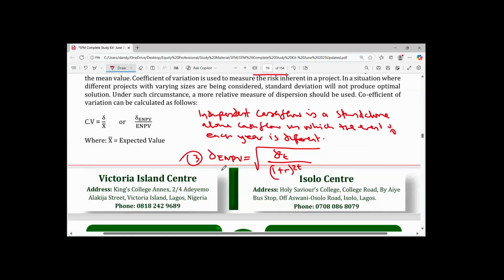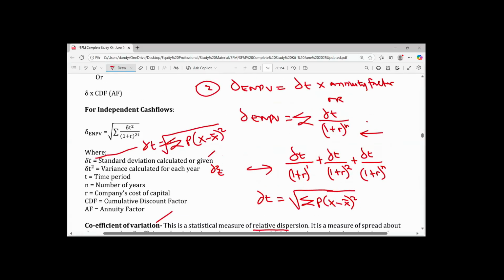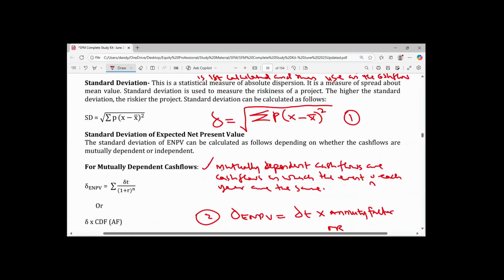The formula to use for coefficient of variation will depend on the standard deviation and the expected value that you have computed. If in the question you are asked to calculate ordinary standard deviation, the first formula, and you have calculated standard deviation using this same formula I gave you here, and you have to calculate expected value.